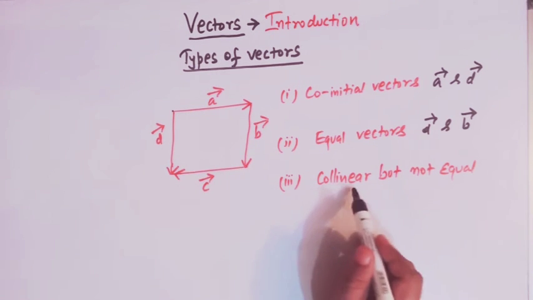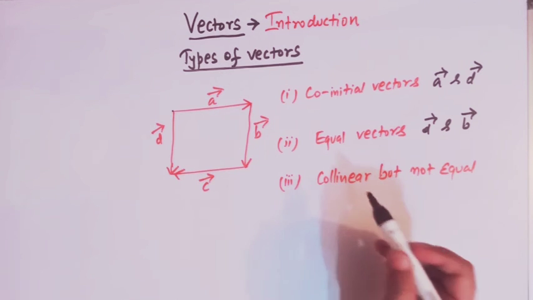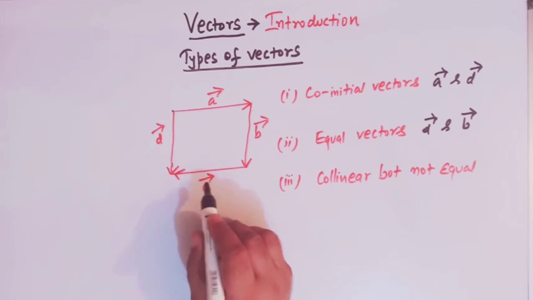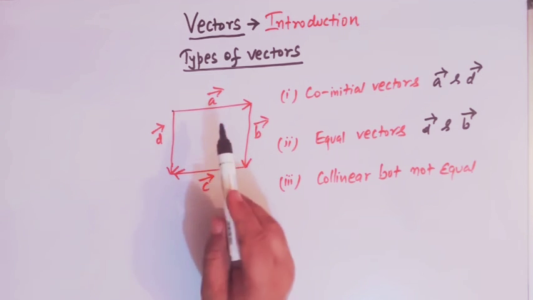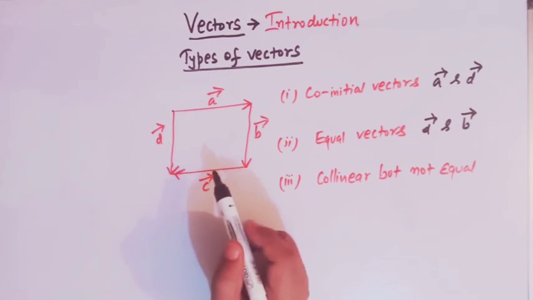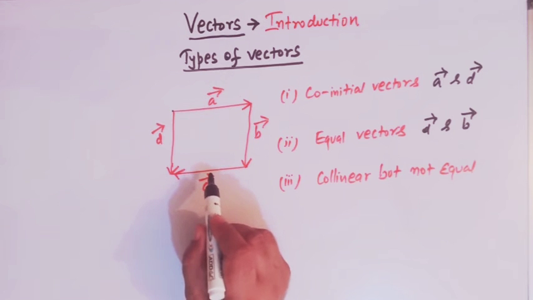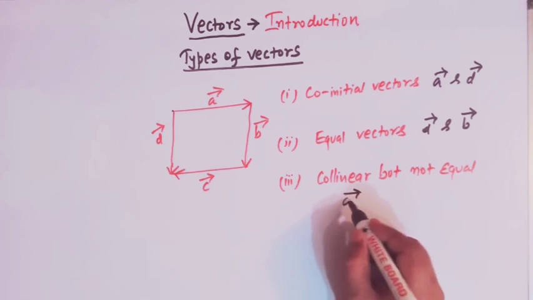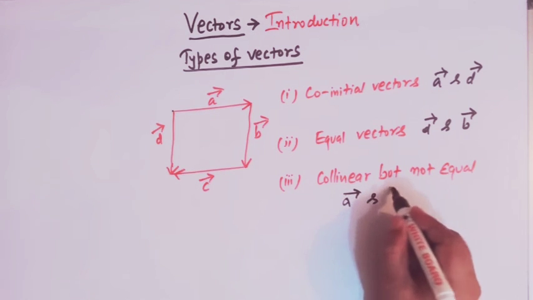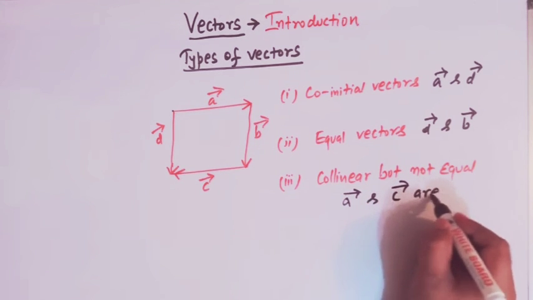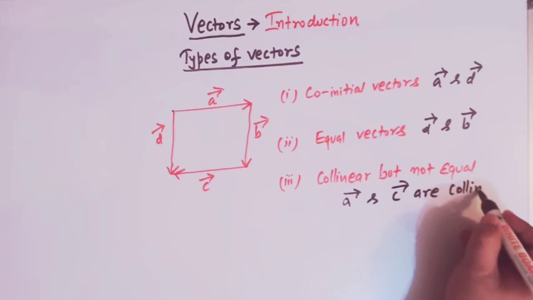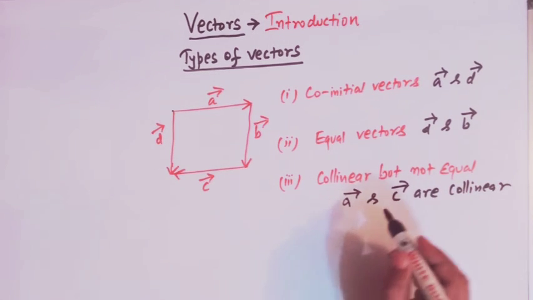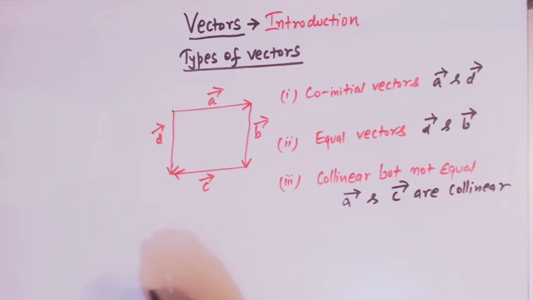Now what are the collinear but not equal vectors? Here we see that vector A and vector C are collinear, but they are not equal, right? Why are they not equal?